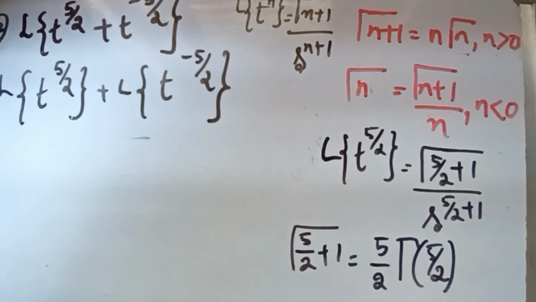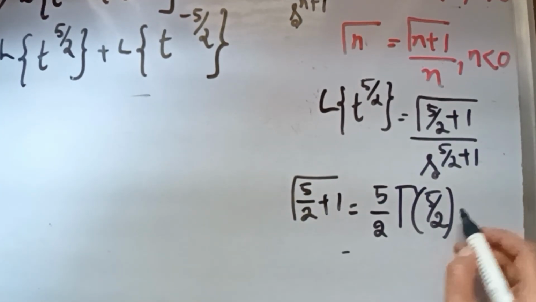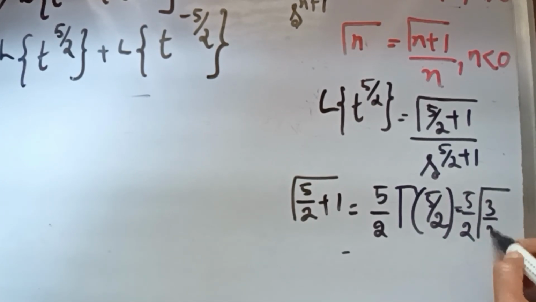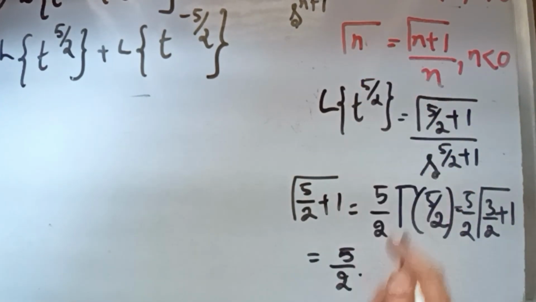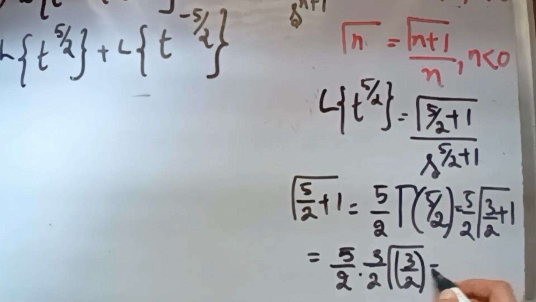Now this is equal to 5 by 2 into gamma of 5 by 2, which can be written as 3 by 2 plus 1. So that gives you 5 by 2 into, again applying the same property, 3 by 2 into gamma of 3 by 2, and 3 by 2 is written as 1 by 2 plus 1.